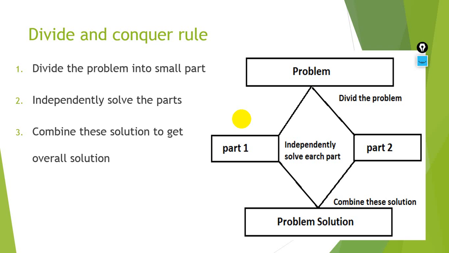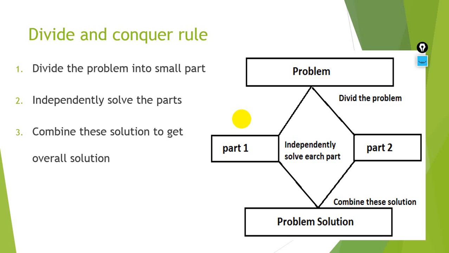Now we have the divide and conquer rule, which I also explained. In divide and conquer, a problem is divided into two subparts, and the subparts are solved individually, producing a solution for each subpart.